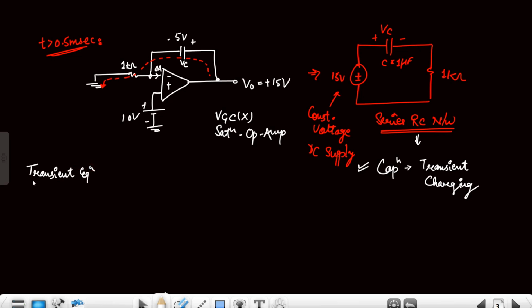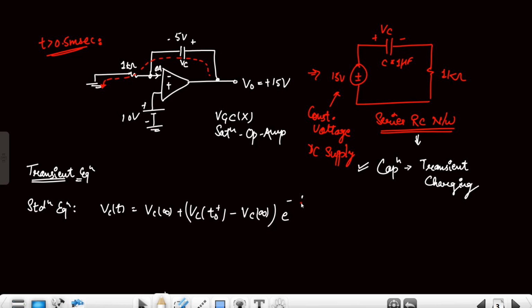So if I write the standard transient equation, VC(t) is like this. VC(t) is equal to VC of infinite plus VC at some time instant, that is t0, minus VC infinite, and exponential raised to power minus of (t minus t0) divided by time constant.